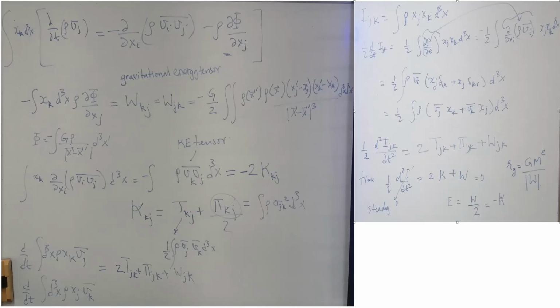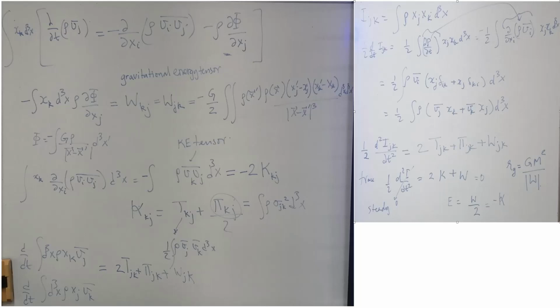And this is from the continuity equation, of course, half of xj xk d rho by dt, with a minus sign. Now again, you make this a total integral, integration by parts essentially.